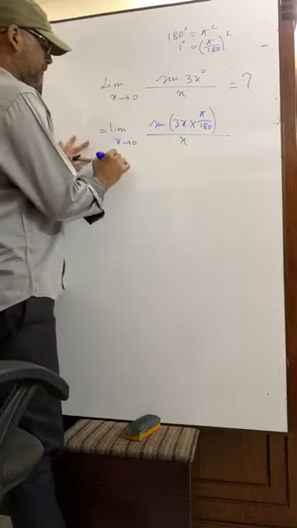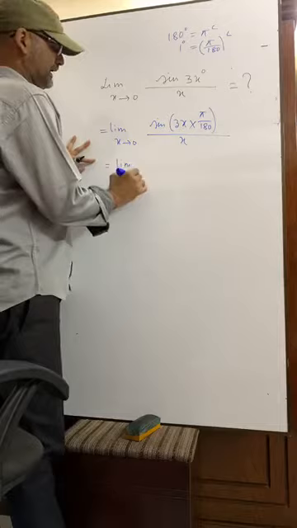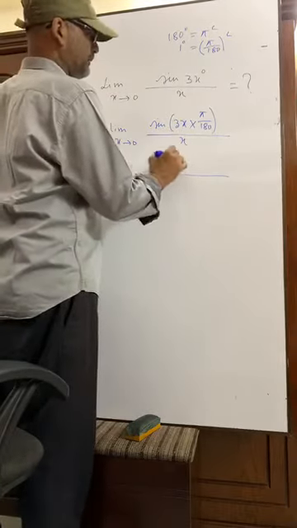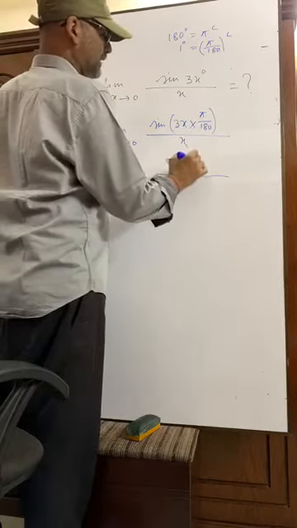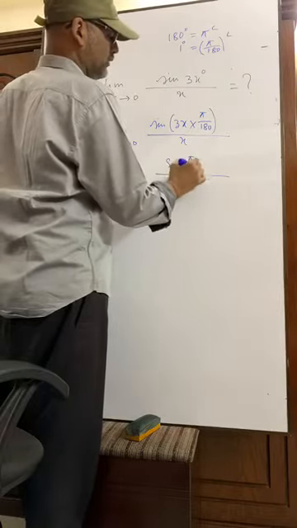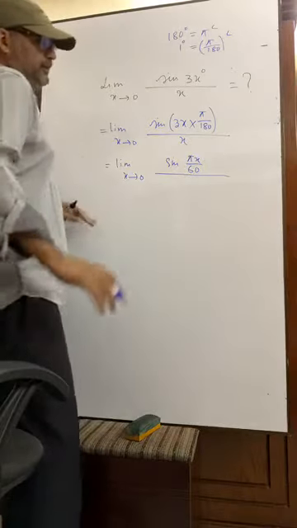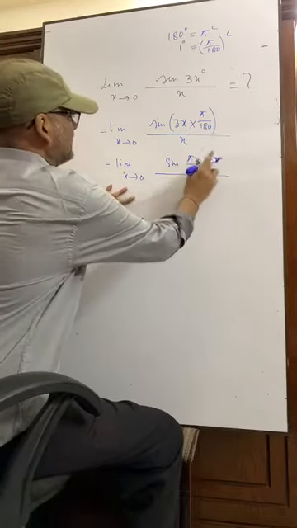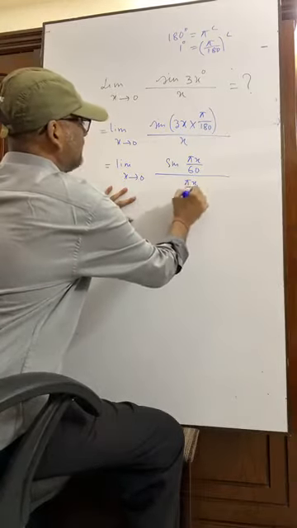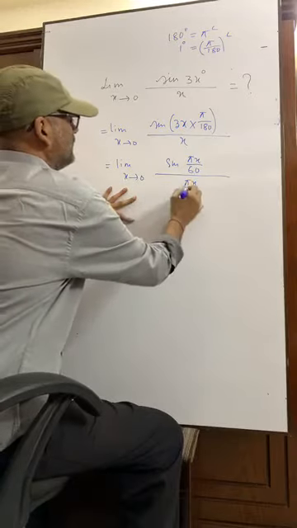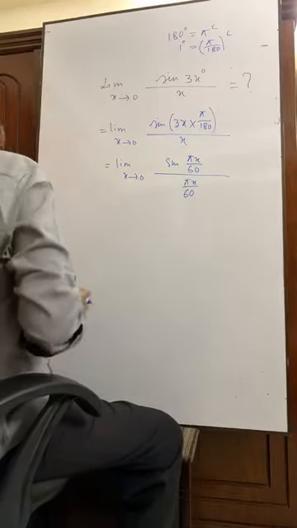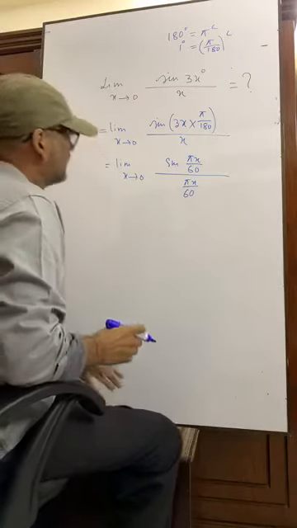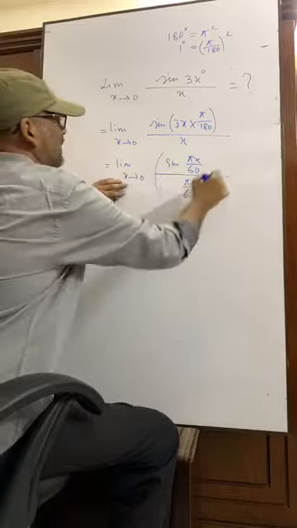Now it can be written like this: limit x tends to 0, sine pi x by 60 by x. So we know there is a formula, sine theta by theta. I have taken here sine theta by theta, with theta as pi x by 60.